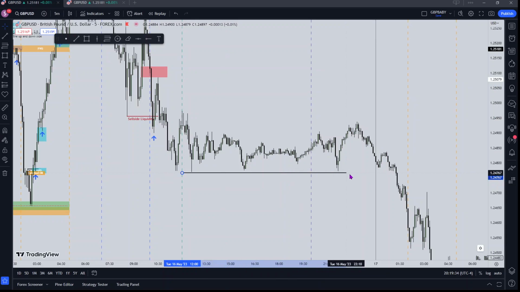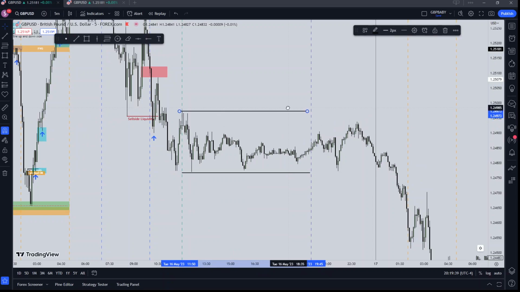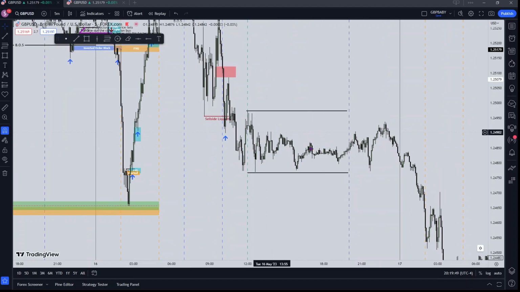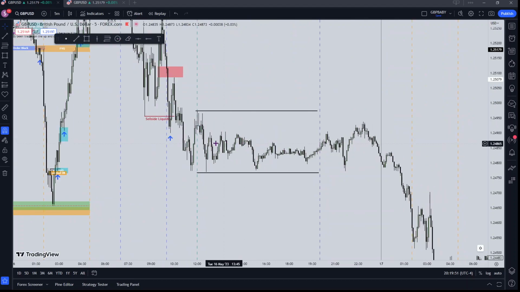Being able to recognize these consolidation ranges is very important. Because once there's breaks, you can see where the buy side, sell side has been taken, and based on that you can start to plan your moves accordingly. And again, a similar thing that we've noticed as a theme on the past 3 highs. Here we fail to take out the longer term swing high, but we take out the short term swing high here.